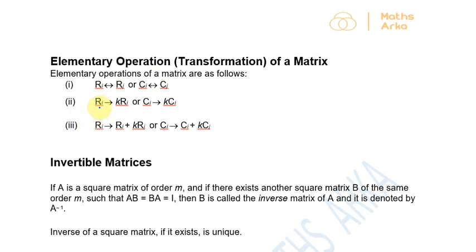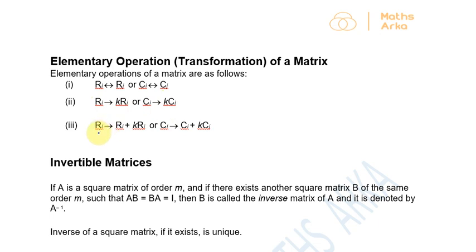Now the second one, Ri, we can replace Ri with k Ri. K is a scalar, so you can multiply all the elements of the row with k, and that won't have any impact. Similarly in Ci, you can multiply a scalar with one of the columns.